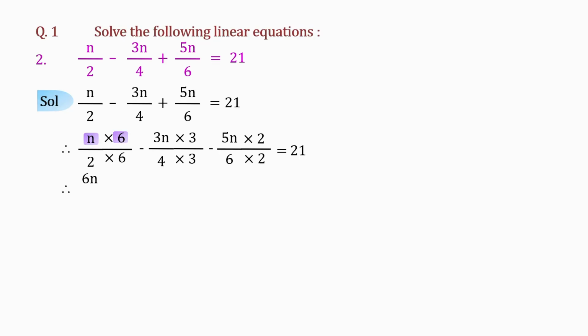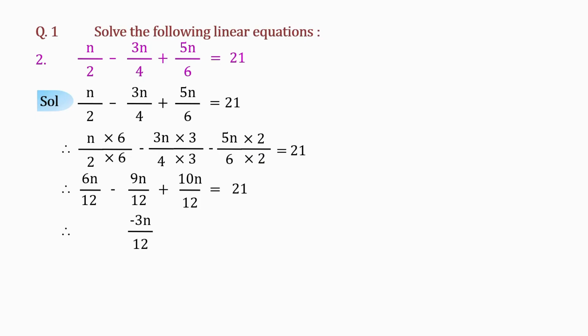So now it is 6n by 12 minus 9n by 12. Now next step, it is written correctly. So while you are doing, make sure you are writing the plus over there in the earlier step. 10n by 12, equal to 21.